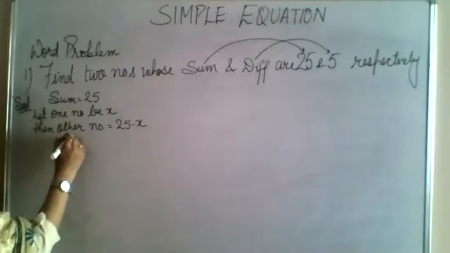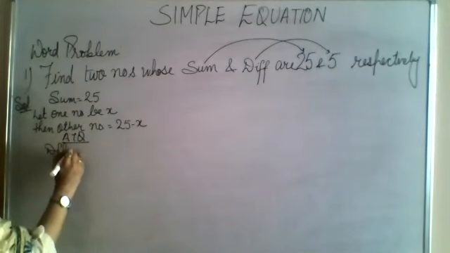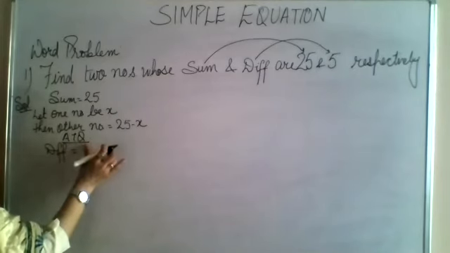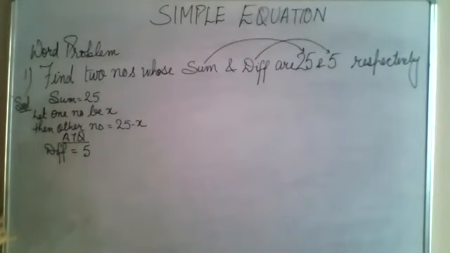So according to the question, difference is 5. So first number minus second number will be equal to 5.